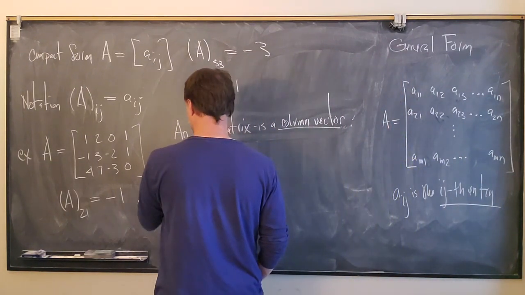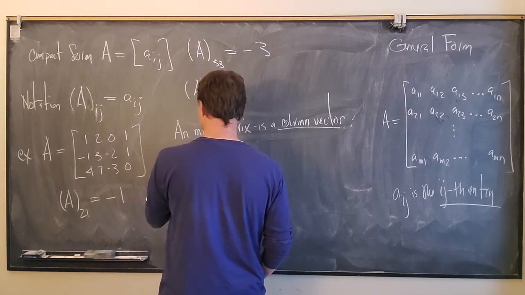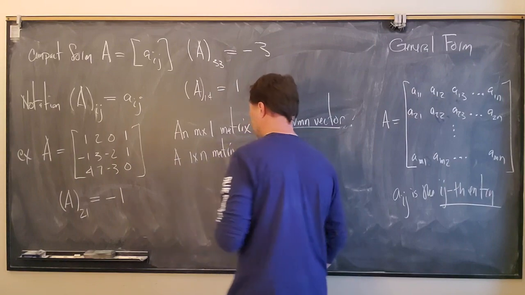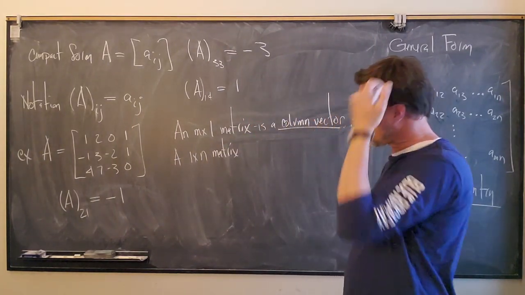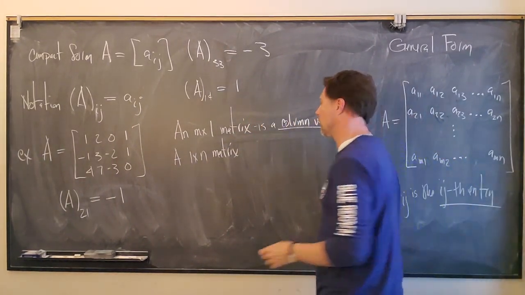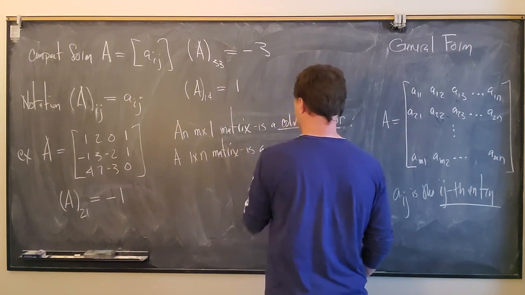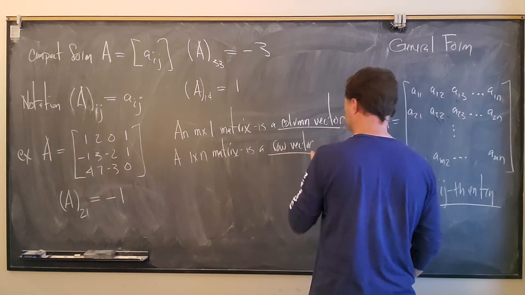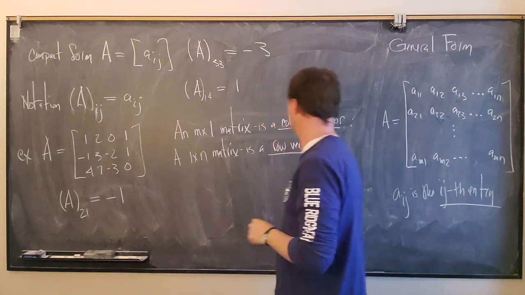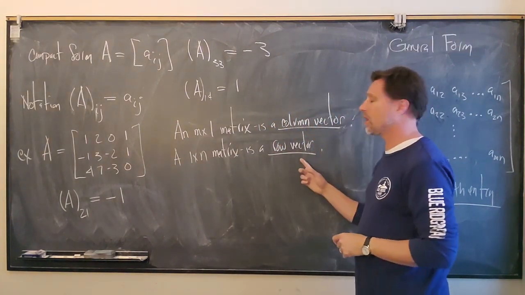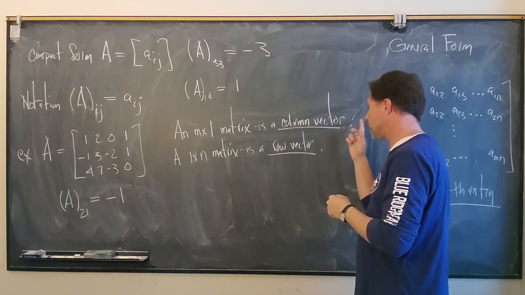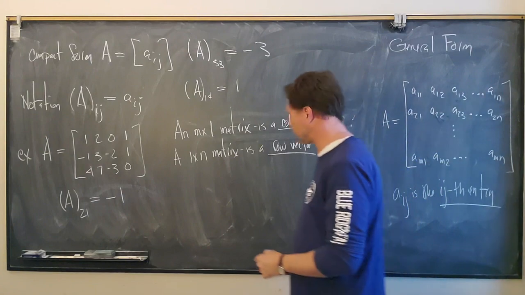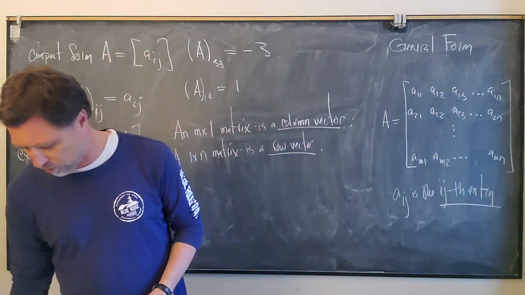You can also do a 1 by n matrix. So let's see, that's going to have 1 row and n columns. So this is a row vector. I think your book sometimes refers to them as column matrix and row matrix.